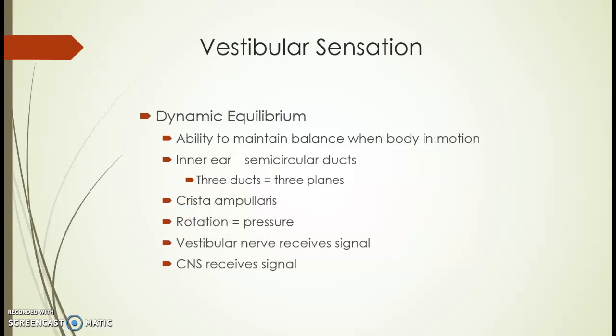In dynamic equilibrium, the semicircular ducts are responsible for the majority of that. And this is the ability to maintain balance when the head or body is rotating or is in motion or in a linear acceleration. There are three ducts which allow for rotation or movement detection, which covers all three planes.